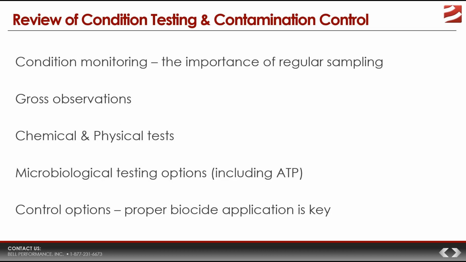Once the smoke cleared, we should have come to the conclusion that ATP microbial testing, like Fuel Pulse, is the most useful and the best option for stored fuel users.